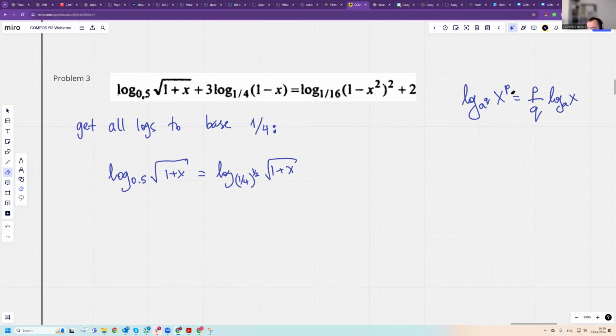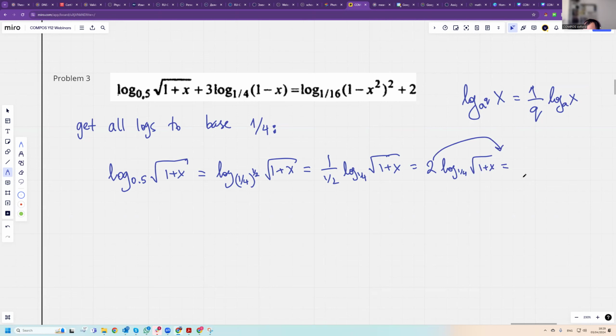Therefore, this is 1 over 1/2 log base a quarter of the square root of 1 plus x. And 1 over 1/2 is 2, log base a quarter of the square root of 1 plus x. And the 2 is brought as a power, so it's log base a quarter of 1 plus x.